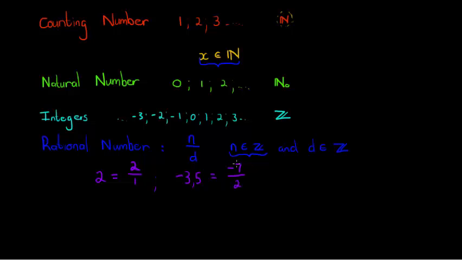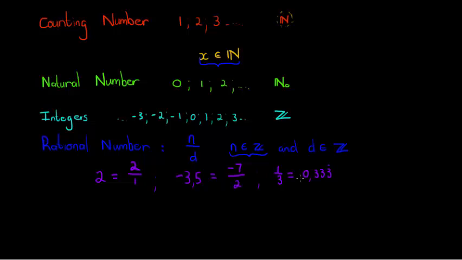Notice that negative 7 is an integer and 2 is an integer. We can look at a number like 1 over 3, a third. This is the number 0.333 recurring.